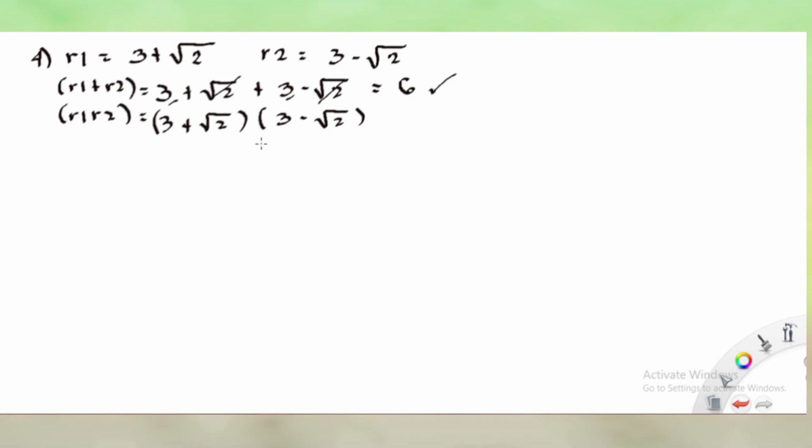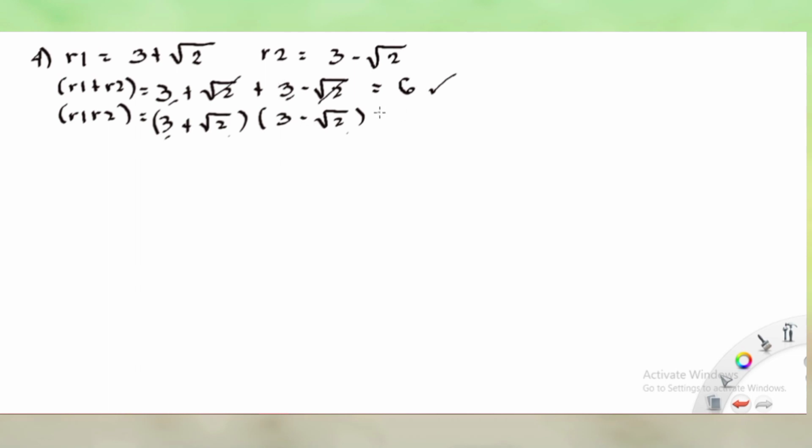The shortcut here is that the first term is the same, 3, and the second term is the same, the square root of 2. They only differ in the operation, sum and difference. This is sum and difference because of the plus and minus.